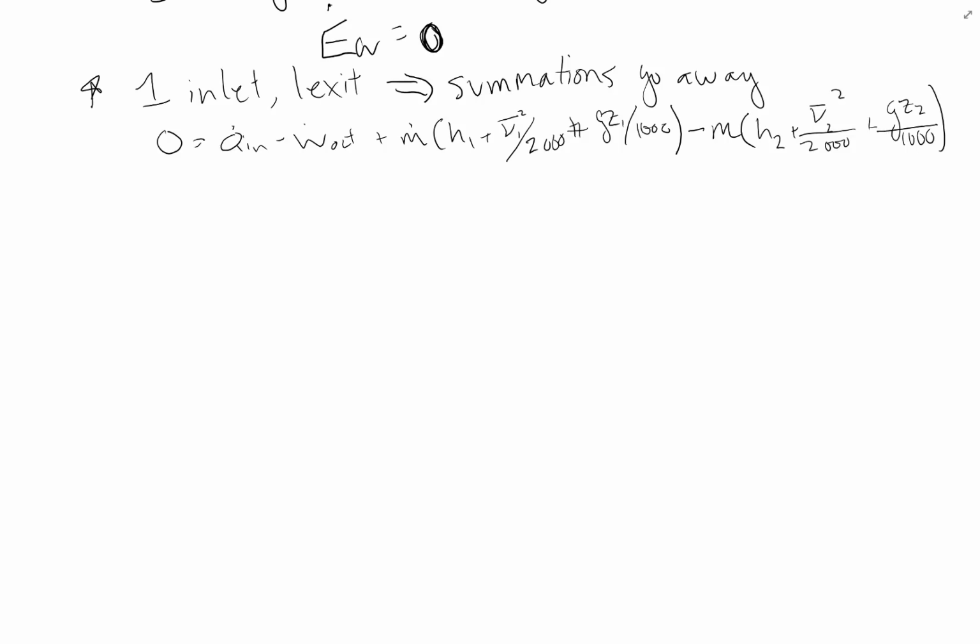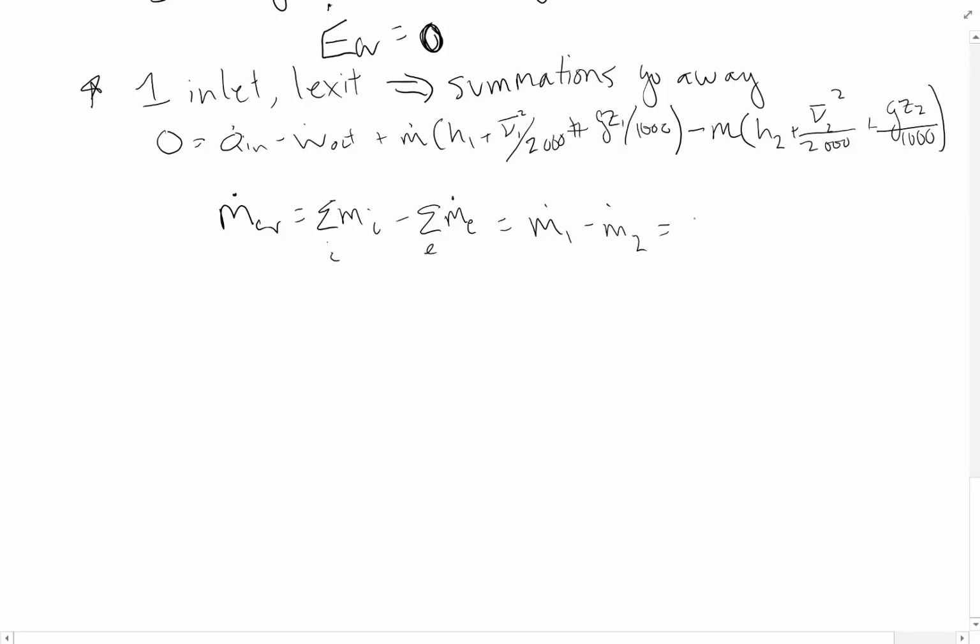Let's look at the mass balance. Mass balance says that m dot CV, the accumulation of mass inside the box, equals the sum over the inlets of m dot in minus the sum over the exits of m dot out, which in this case, in steady state with one inlet and one exit, means that this is m dot 1 minus m dot 2.